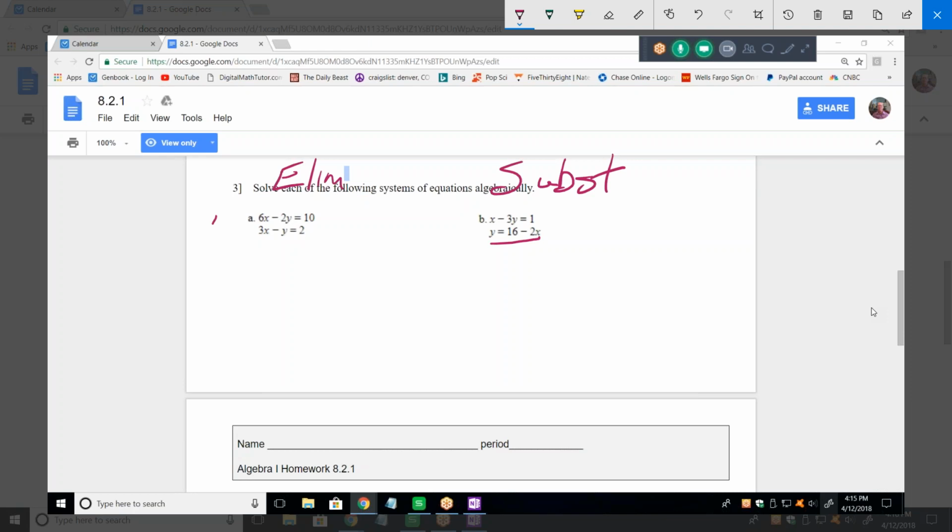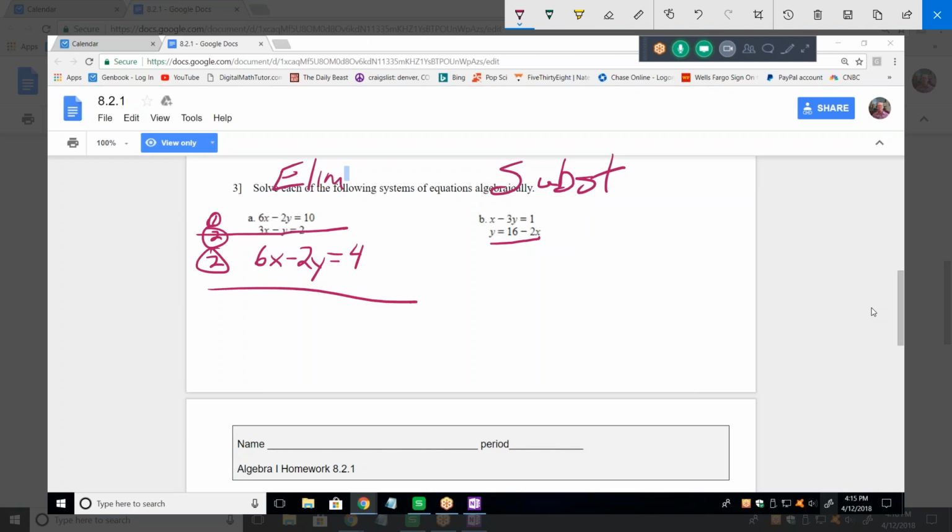I'm going to call that equation 1, call that equation 2. We're going to eliminate, but at the moment, nothing eliminates. So what can I do? You could multiply equation 2 by 2. Okay, so now I've got 6x minus 2y equals 4. That's my new equation 2.